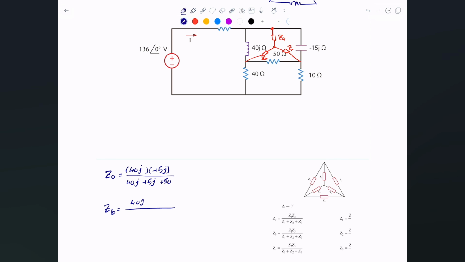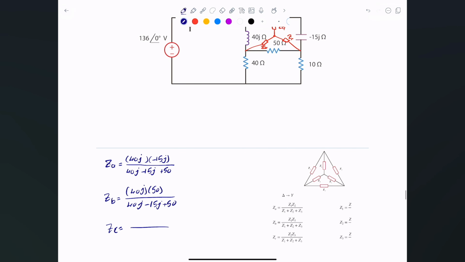So we have 40j times 50 ohms divided by 40j plus negative 15j plus 50. Of course, the last one is ZC. That will be 50 times negative 15j divided by 40j minus 15j plus 50.